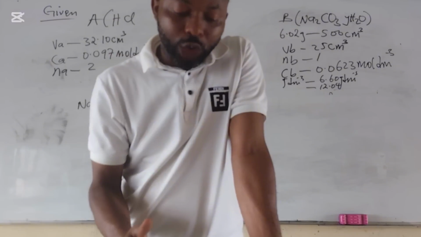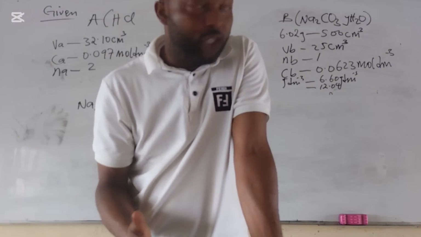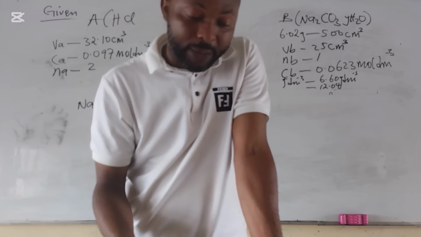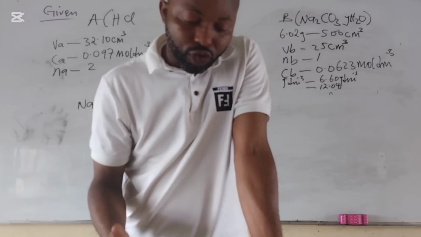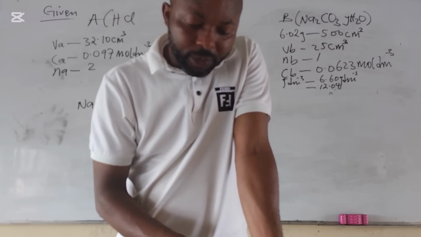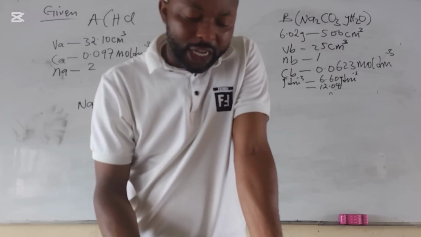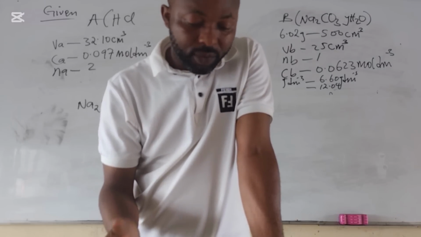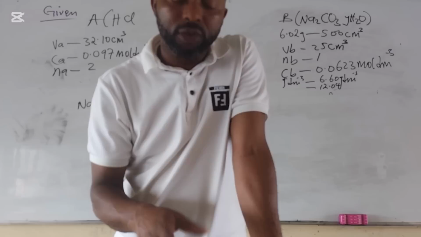Calculate X and write the formula of the efflorescent salt. So virtually almost everything is the same. In the other one it is 6.02 grams in 500, here it is 5.88 grams in 500. So I believe the answer will be closely related.